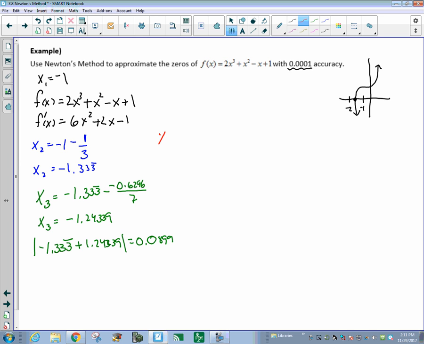So I'm going to go to x sub 4, and x sub 4 is using the x sub 3 value here and substituting it in, and then substituting this value into f of x. I get negative, oops, I missed a 0 here. Sorry, I'm trying to read my handwriting. This is a 0 here.